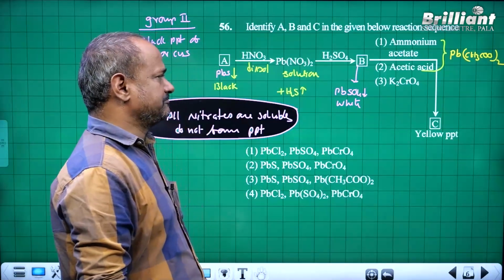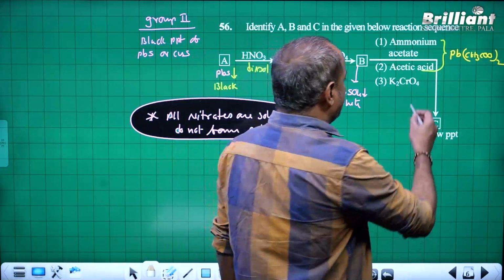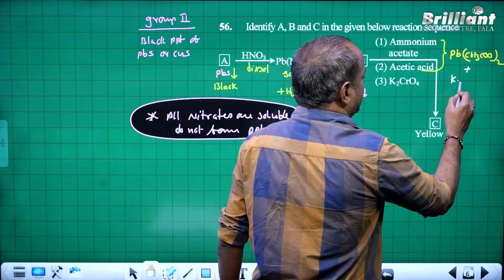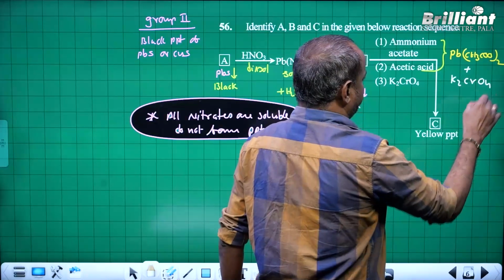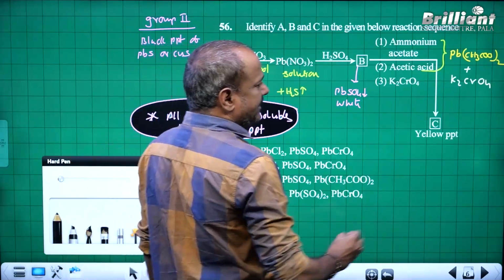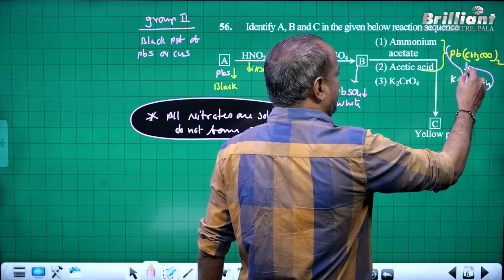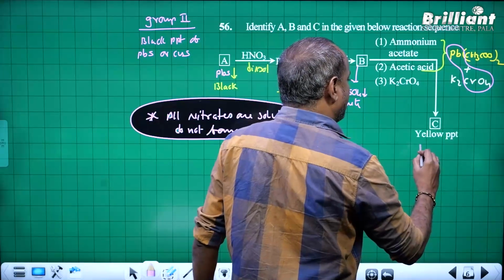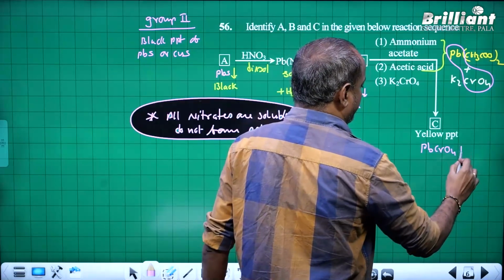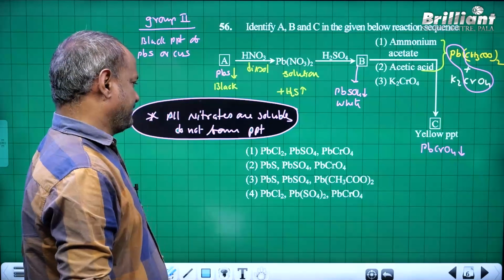Lead acetate solution. Okay. Lead acetate solution plus potassium chromate, K2CrO4. What is the reaction expecting here? Lead plus chromate to form lead chromate yellow PPT, plus potassium salt of acetic acid.